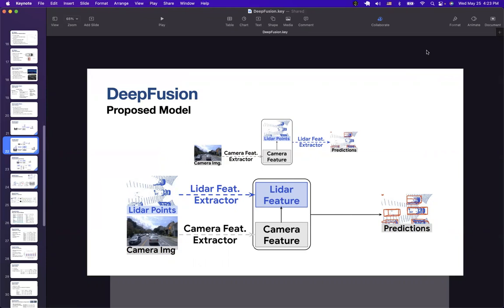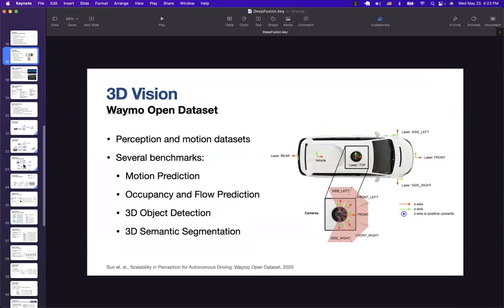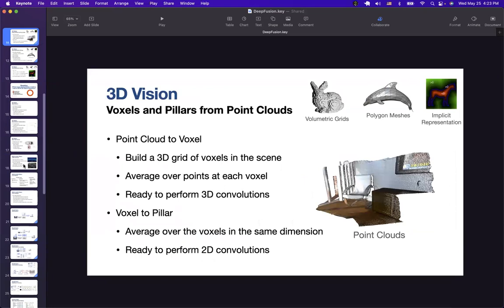Thank you so much. I think there's one more question in chat. Yeah, sure. I actually have a question about 3D representation in deep fusion. As you said, there is voxel representation and also other representations, but I have seen the GIRAFFE paper, which uses a neural radiance field representation.